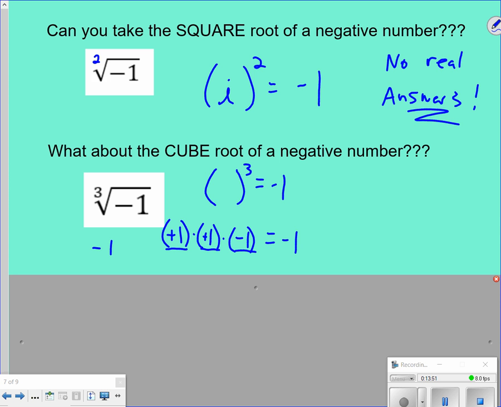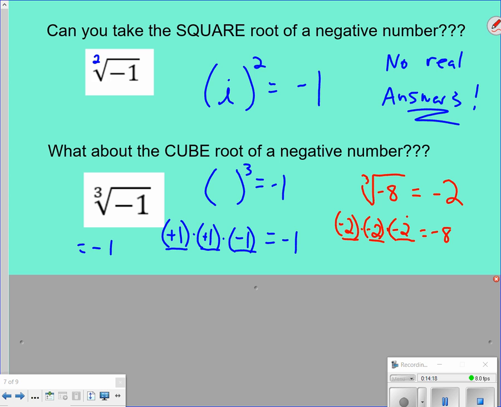Okay? To see one other quick example, what about like the cube root, the one we're about to do, of negative 8? In other words, what thing times itself 3 times makes negative 8? What times what times what makes negative 8? That value is going to be negative 2, and let's see why. Negative 2 times negative 2 times negative 2.